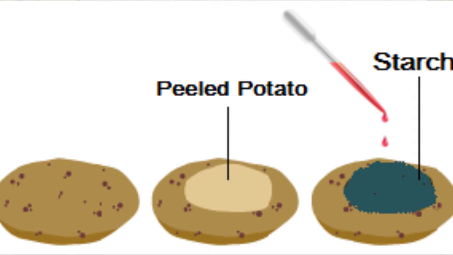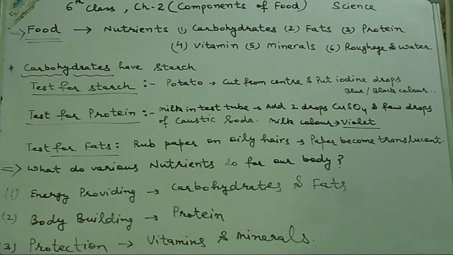So if the color appears like this, it means that food item contains starch. A similar activity we can perform on a few other food items, and we will study that in a later part of this chapter also.